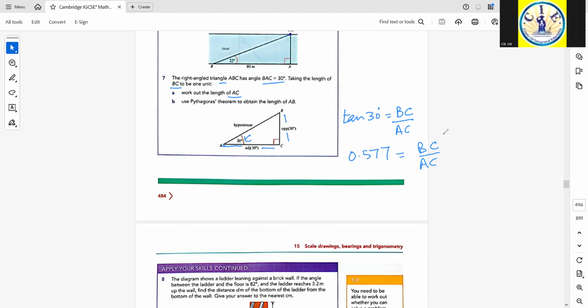So this will yield an answer that is to be calculated like, if you calculate this side BC to be 1 unit, what is the length of this side AC?